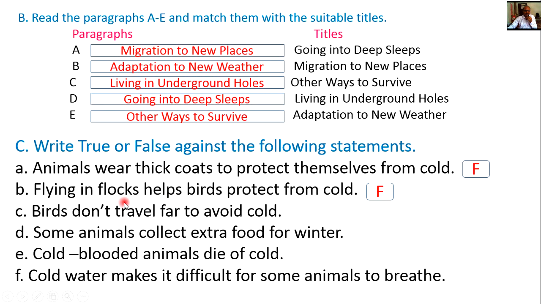Birds don't travel far to avoid cold. That is also F. And some animals collect extra food for winter. That is true. Cold-blooded animals die of cold. That is F. And cold water makes it difficult for some animals to breathe. F. It means only D is true and except D all are false.